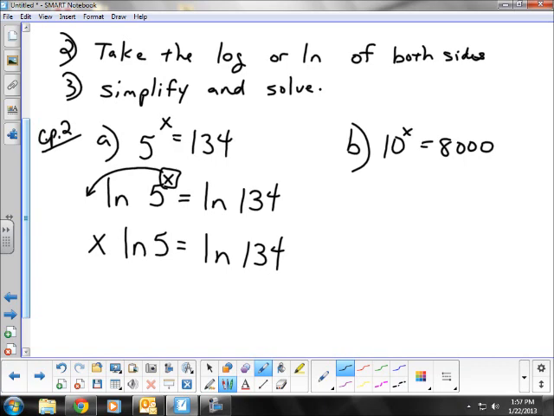And then now I can solve it, because how do I solve this for x? Divide by the ln of 5 on both sides. So you get x is equal to, and then since I use the ln or the log, whichever one you wrote down, you can just type it in using the buttons on the calculator. So just hit the ln. Don't forget that it's going to open a parentheses, and it's not going to do it right if you don't close that off after the 134 and after the 5. 3.04?